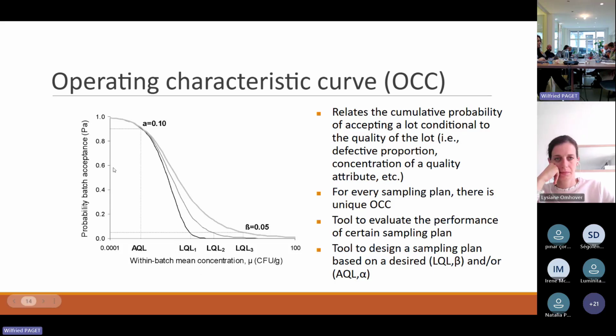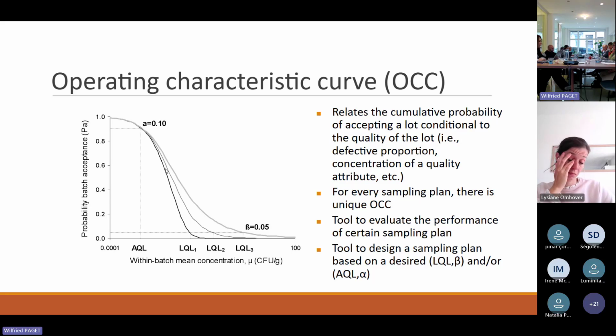The operating characteristic curve always has a shape like that. For every sampling plan, there is only one operating characteristic curve, and this is good because this allows you to compare different curves. So for example, here you can see 3 different curves, which are linked to 3 different sampling plans.